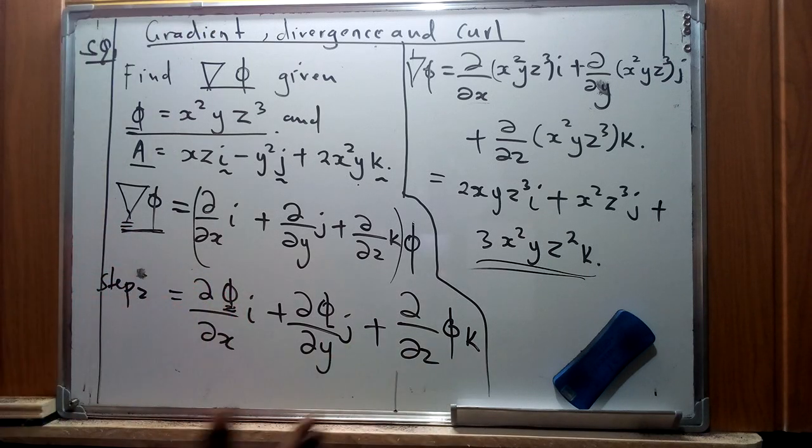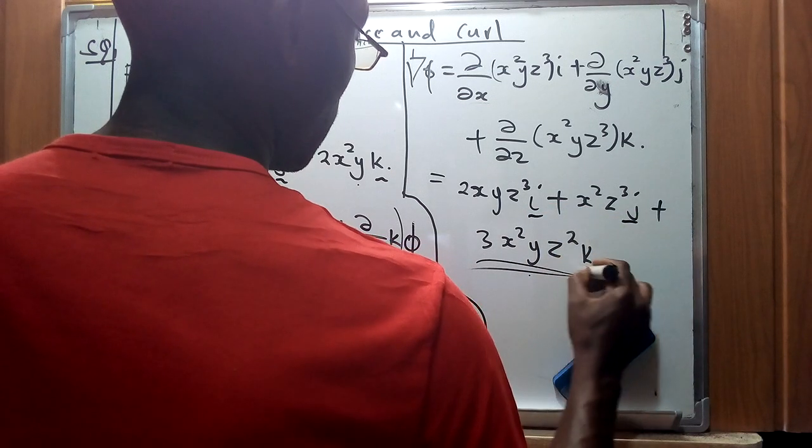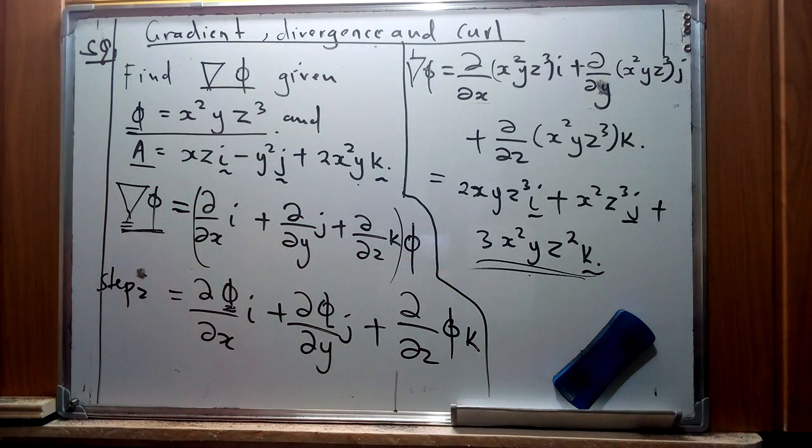I hope that this is going to assist us in figuring out how we can work with similar equations in trying to find our gradient. And remember that the gradient is a vector, and it can be represented as that.